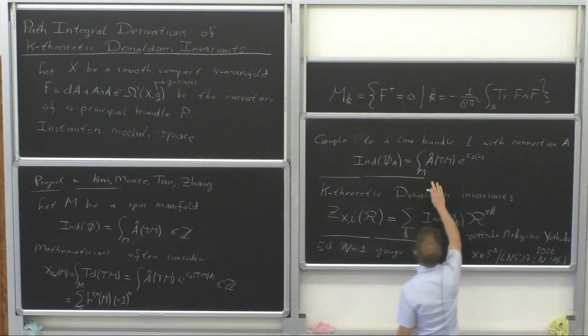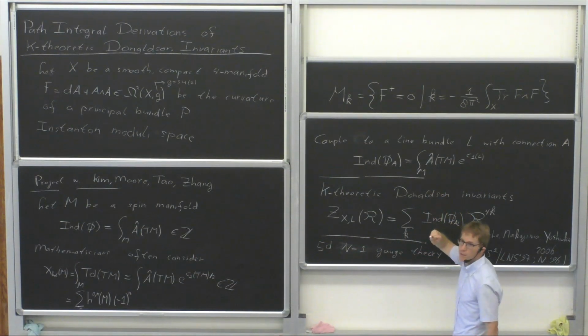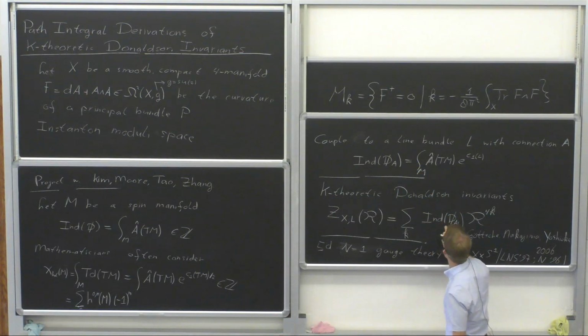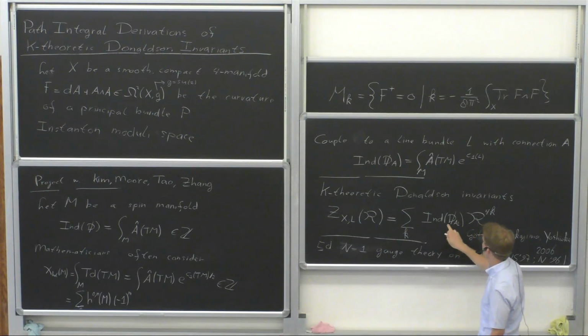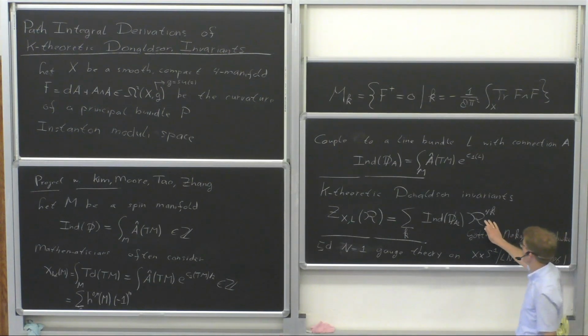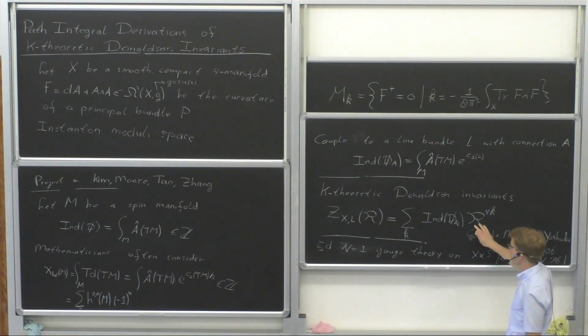Yeah, so we are integrating over the index of the Dirac operator on the moduli spaces of instantons on X. R is for now just a generating parameter, but we will connect it soon to the radius of the S1.